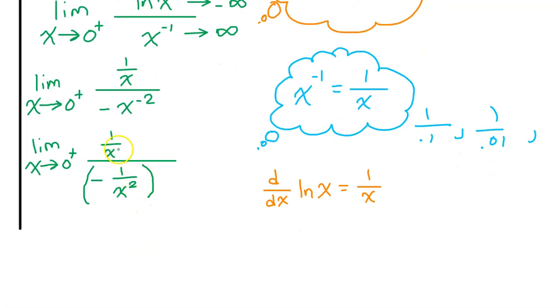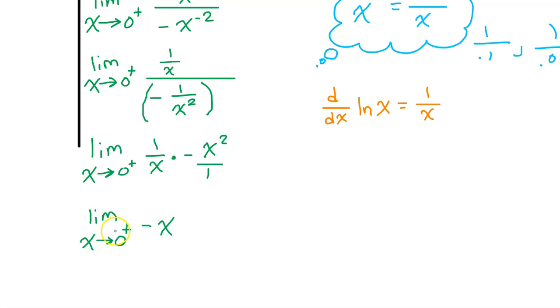So that means we have a fraction divided by a fraction. Therefore, we multiply by the reciprocal. In this form, we can see that this x in the denominator will cancel out one of these x's. So we have the limit as x approaches 0 from the right of negative x. Direct substitution gives us 0. So that's the limit.